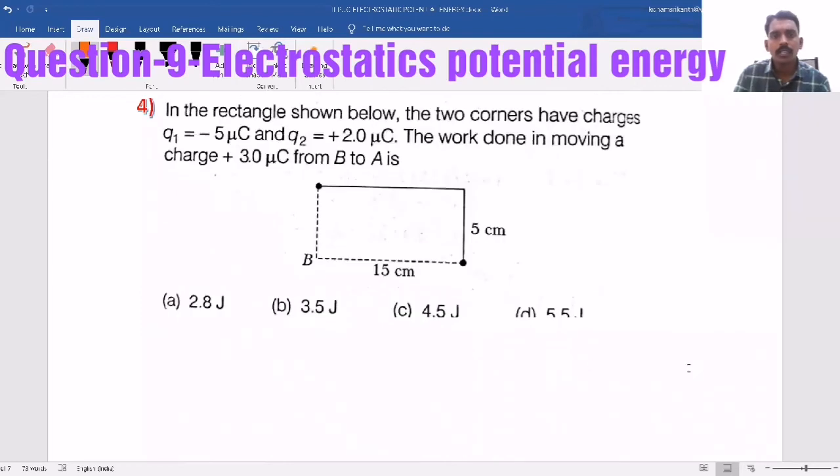Then one more question. In the rectangle shown below, the two corners have charges. The work done in moving a charge from B to A. Now, see here, B they mentioned, but A they did not mention.